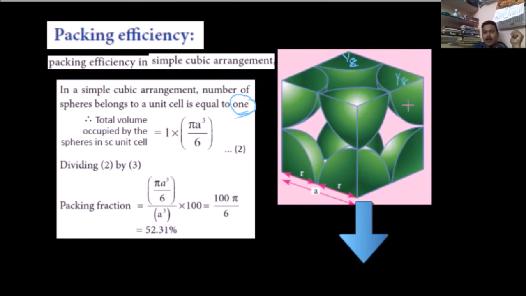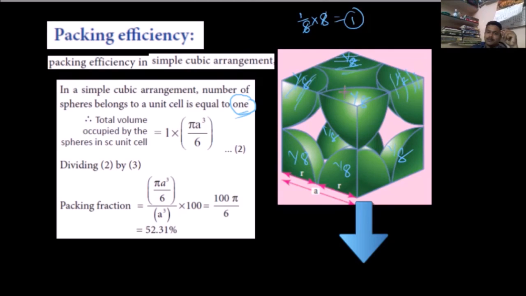In that sphere, how much part of the sphere is present in this unit cell? 1/8 here, 1/8 this side, 1/8 this side, 1/8. From each corner 1/8 part is coming, and like that 8 corners are there.